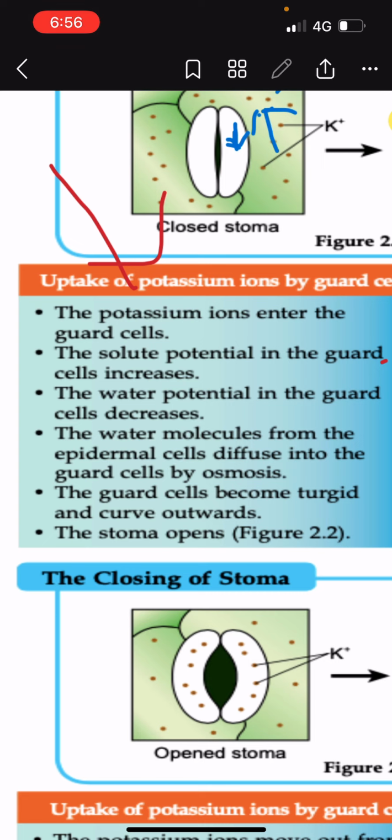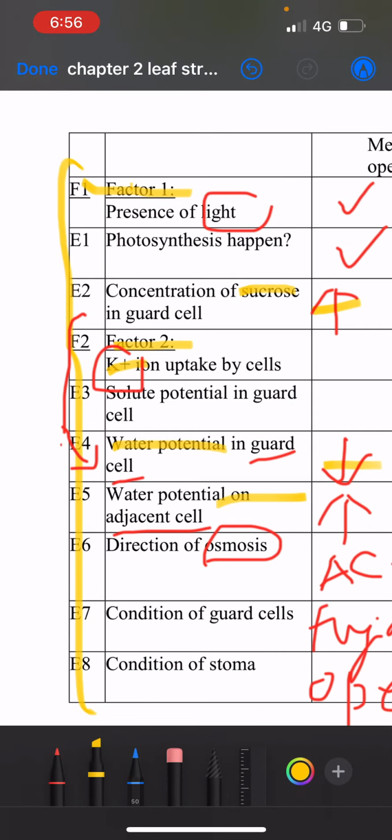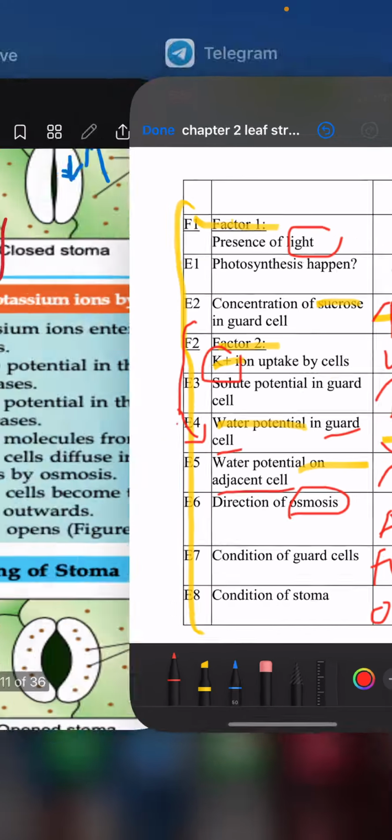Okay, so solute concentration increases. So you can move it in here. K+ ion uptake by cell, yes. Solute ion increases. Then what's next?